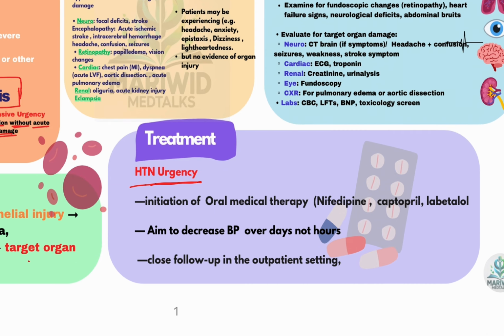For hypertensive urgency, as we discussed before, the treatment is mainly oral medical therapy like nifedipine, captopril, or labetalol. The aim here is to decrease the blood pressure over days and not hours, and you have to closely follow up the patient in the outpatient setting.